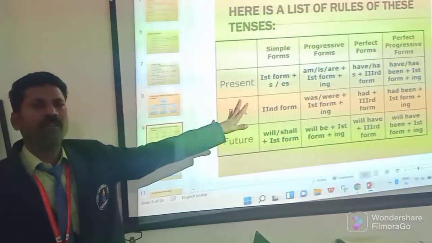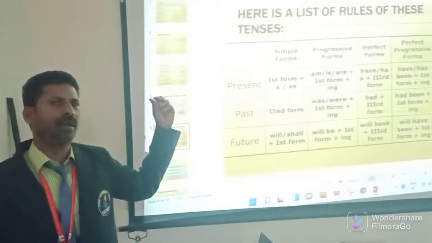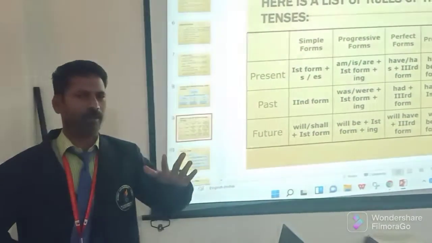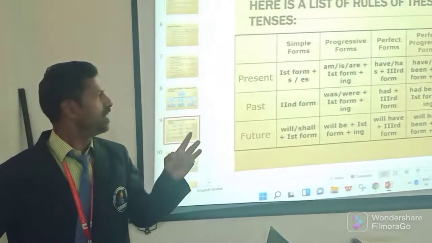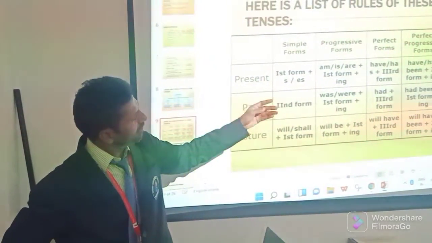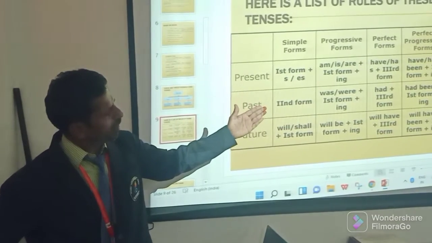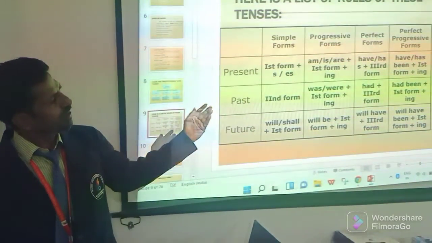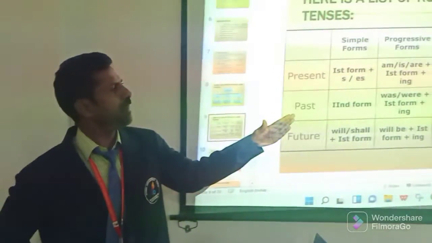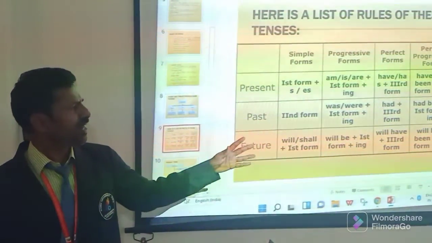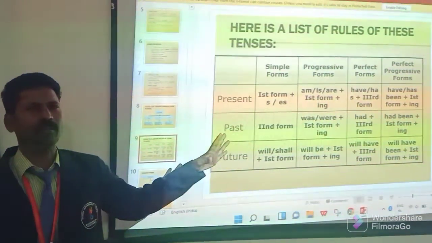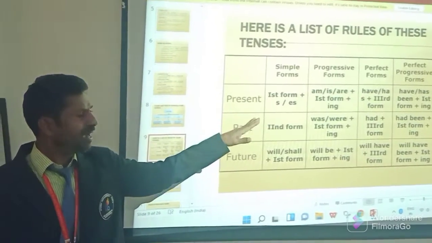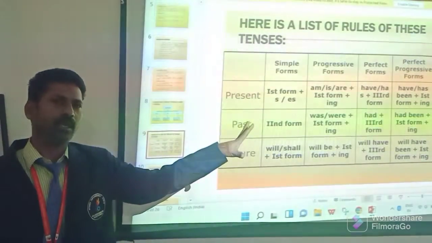For example, give, gave, given, giving: giving is the V4 here. Perfect forms take have, has or had plus the third form, and perfect progressive forms take have or has been plus the first form with ing. The first form is the verb, and it should take the ing form.